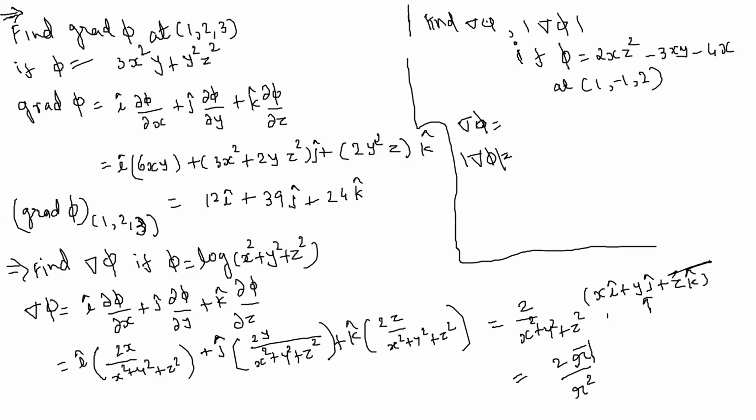I received many correct answers for nabla phi, but mod nabla phi, I didn't receive any correct answer. Mod nabla phi means what? Square root of i component square plus j component square plus k component square.